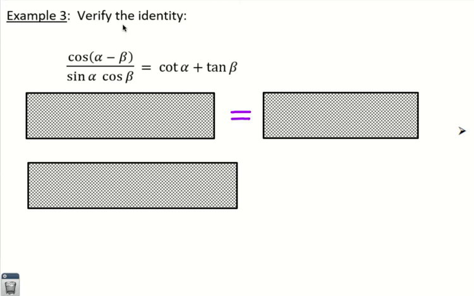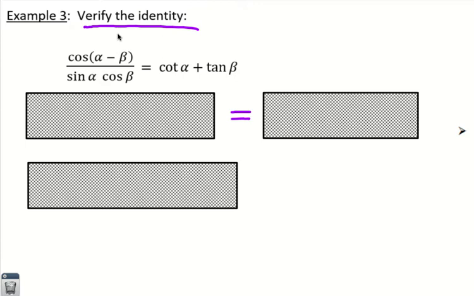Example number 3, verify the identity. So we're back basically to section 1, the section you loved with all your heart. Verify the identity, same thing as what we did last section. But now we're throwing in stuff like the cosine of alpha minus beta.